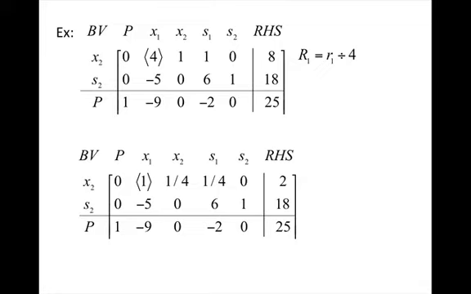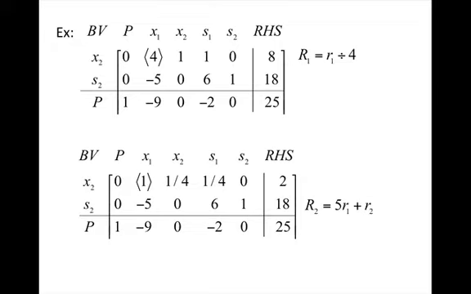Now that my pivot element is a 1, I want to make all other elements in that column become zeros. So the -5 and the -9 need to be zeros. Well, let's just write out how we would do that. To get the -5 to become a 0, I change its sign to a +5. I'm going to multiply by row 1 because row 1 contains the 1 in that column.